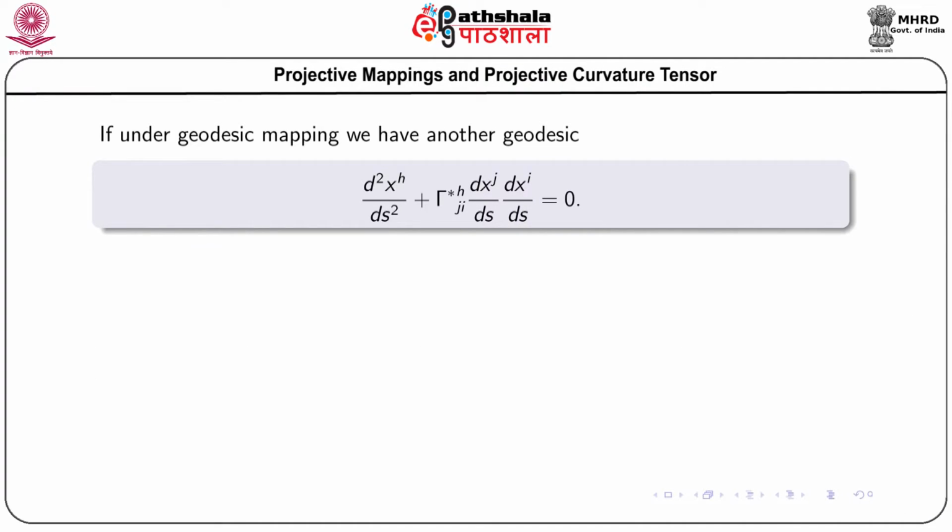So, if under geodesic mapping we have another geodesic, then it will follow this equation d²x^h/ds² plus gamma star^h_ji dx^j/ds dx^i/ds equal to 0.